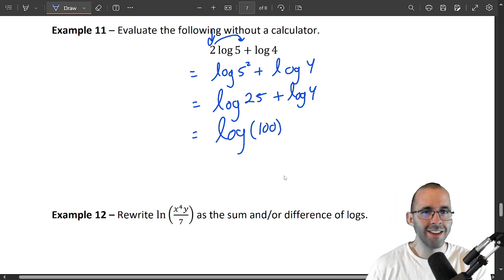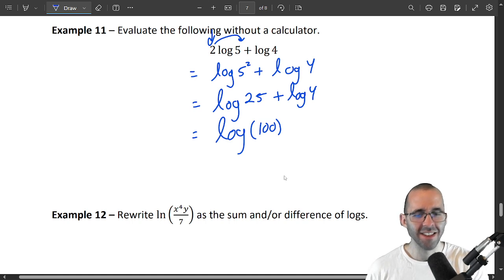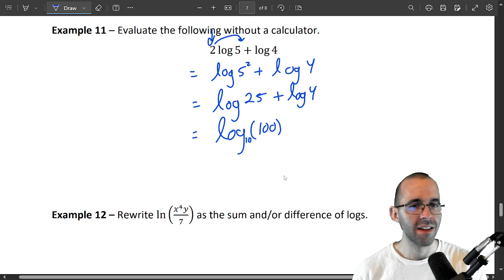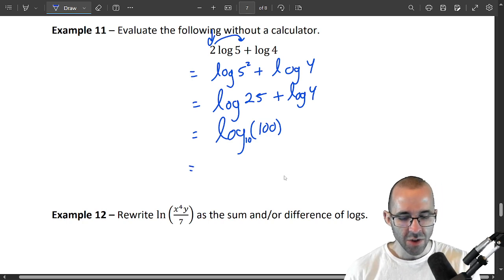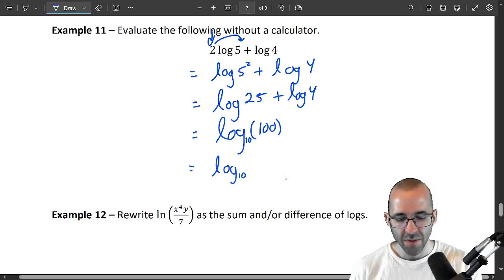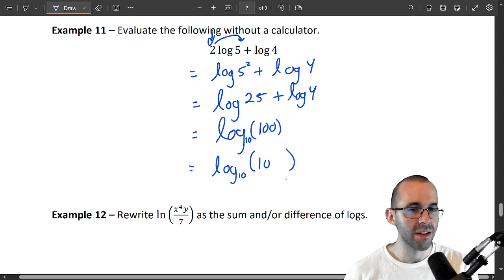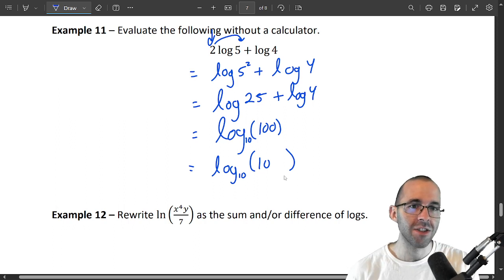This is nice. Why is this nice? Because this is log base 10. So we can rewrite this again as 10 raised to some exponent. Because if we can write 100 as 10 raised to some exponent, then we get cancellation.